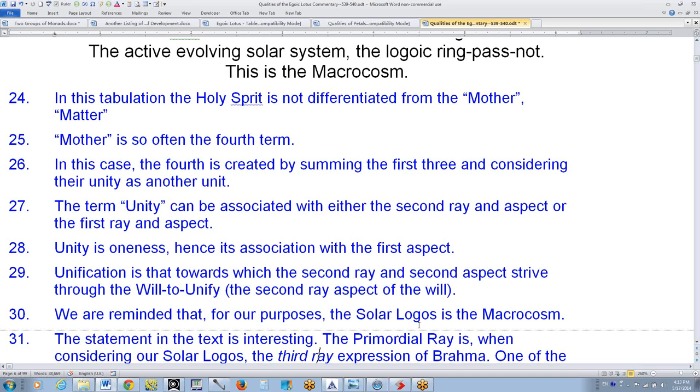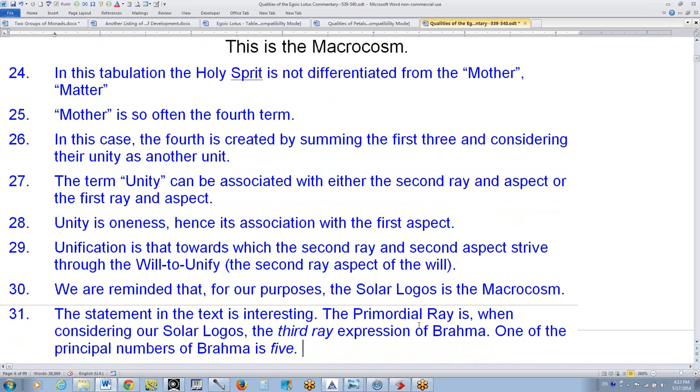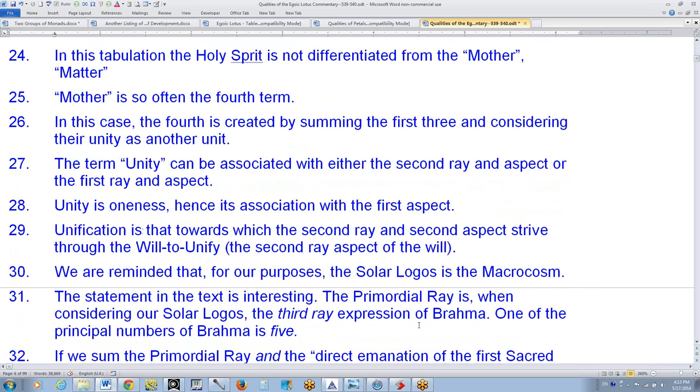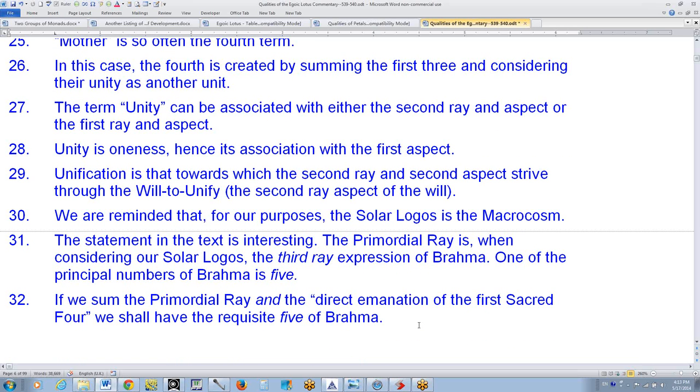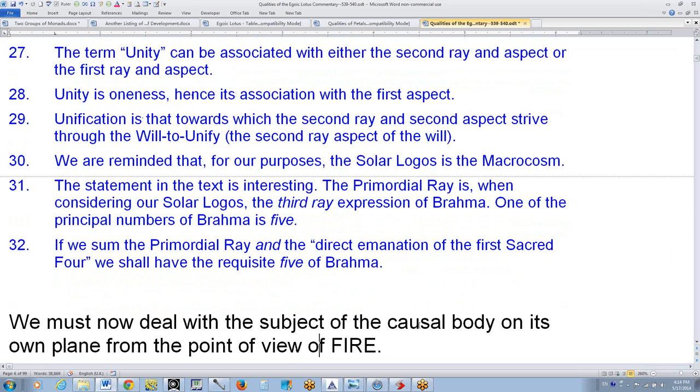So unity has this aspect of oneness, and hence its association with the first aspect, but also the many things that are harmoniously united are also considered in the unity, and hence its relation to relation itself, and hence its connection with the second aspect. Unification, we are told, is that towards which the second ray and the second aspect strive through the will to unify. That's the second aspect of the will.